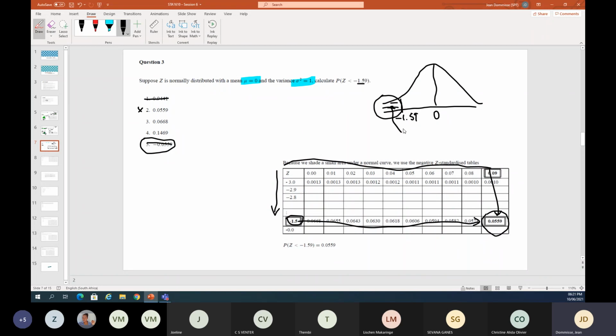So that area there is 0.0559. Okay, so we didn't need to work out the Z. They gave it to us. So the only thing we need to work out is what is the probability of that small area. And that is then the 0.0559.